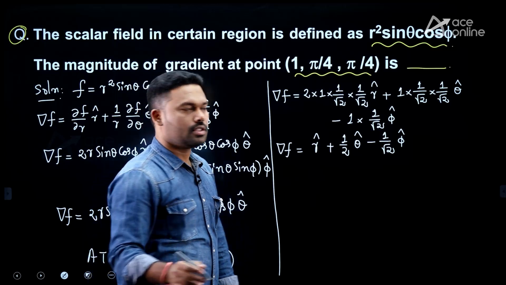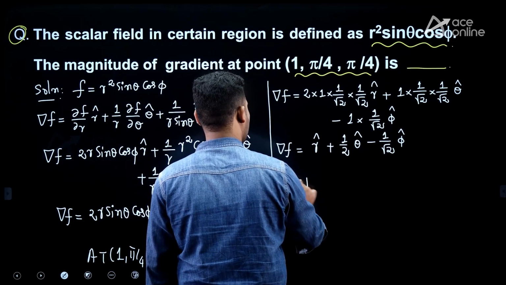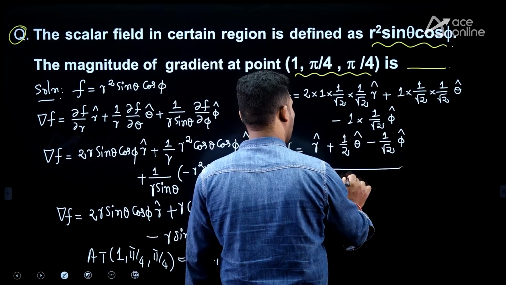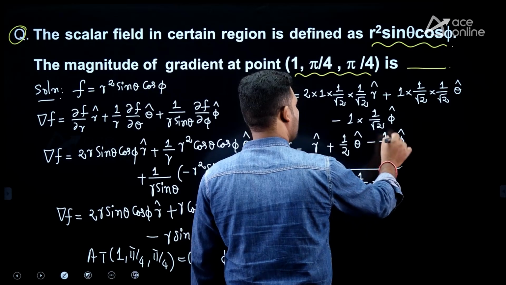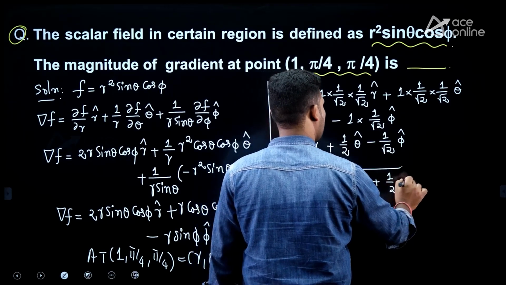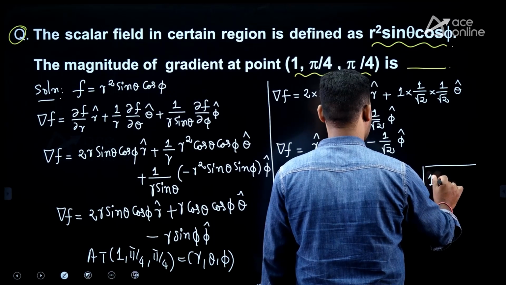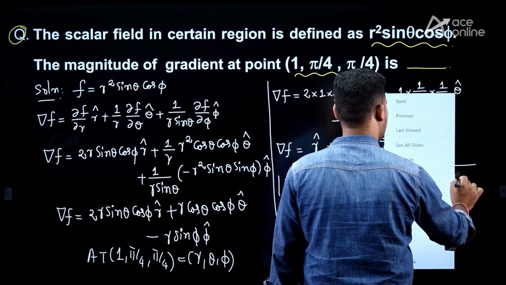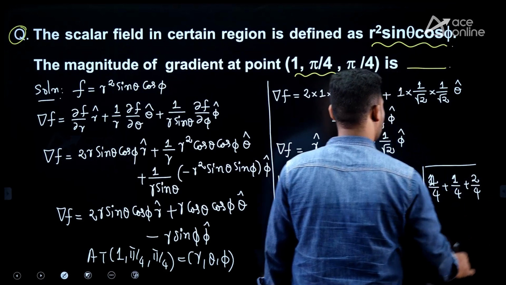Clear, guys? So this gradient of f, it is asking for the magnitude. Magnitude is equal to square root of 1 plus 1 by 4 plus square of this one, which is 1 by 2. So this can be written as square root of 4 by 4 plus 1 by 4 plus 2 by 4.